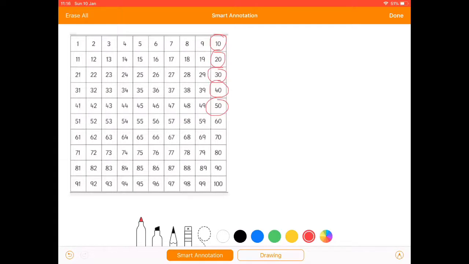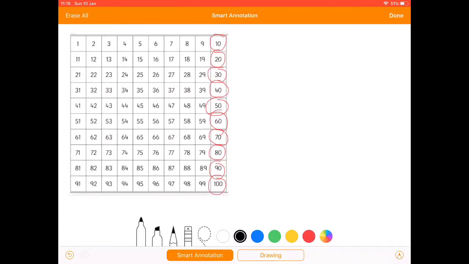Hopefully you said 60. The next one, 70, 80, 90 and 100. Now we could keep going past 100 to 110, 120 and so on. But this is all that we are going to be looking at today in terms of multiples of 10.